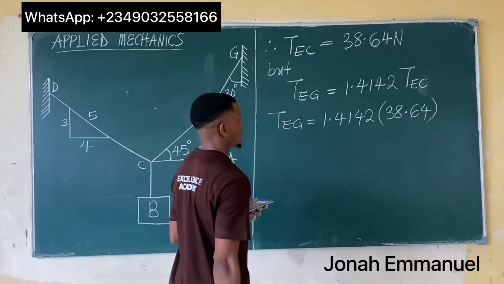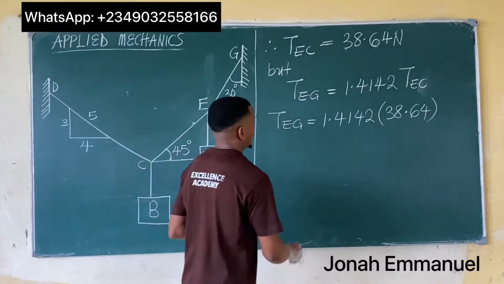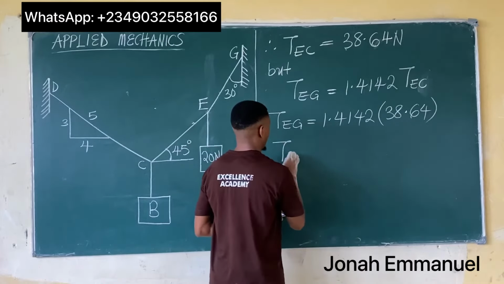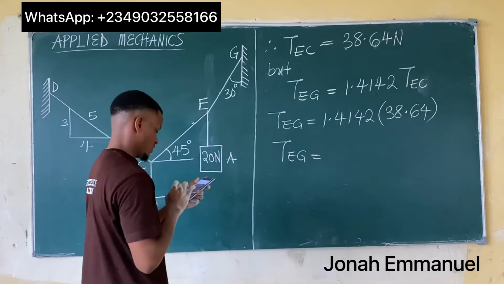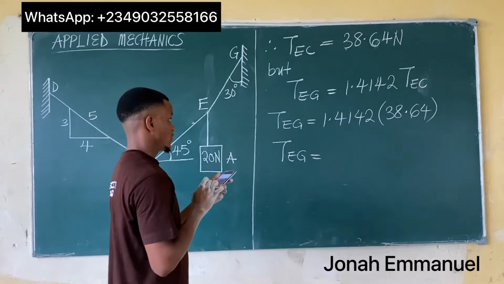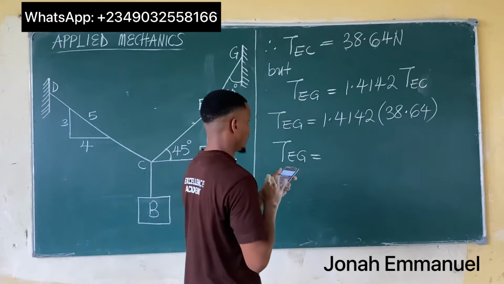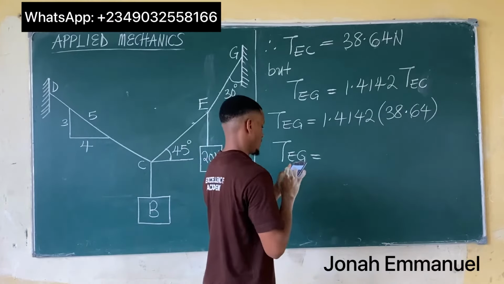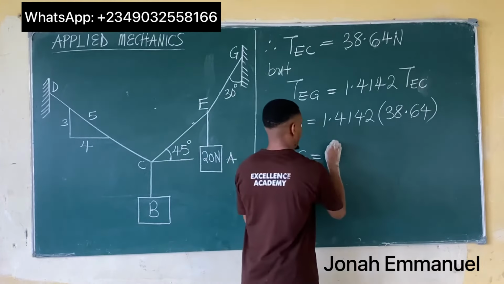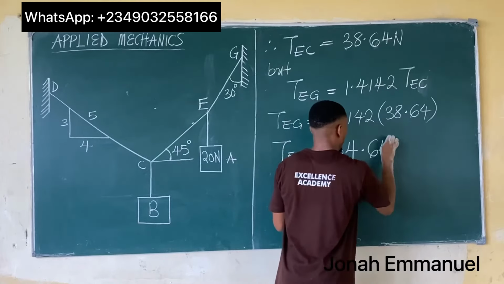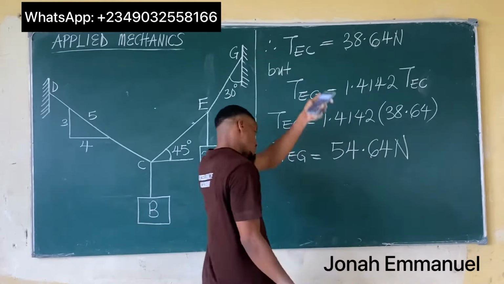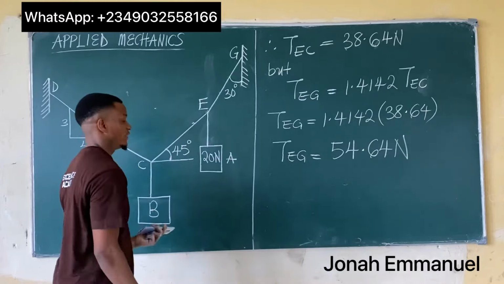So TEG then is now equal to 1.4142 into 38.64. About 54.64 Newton.